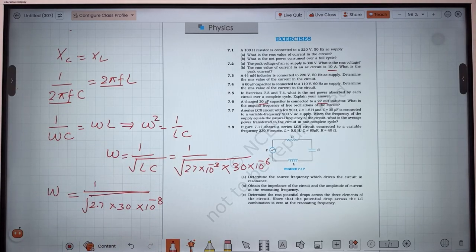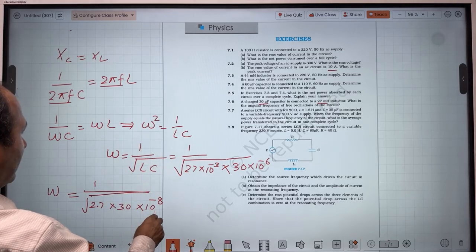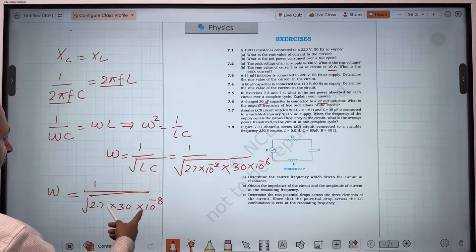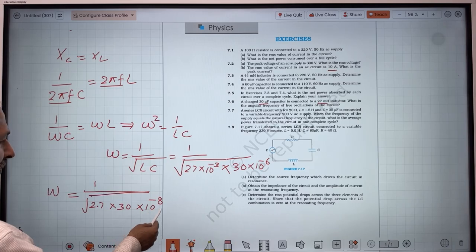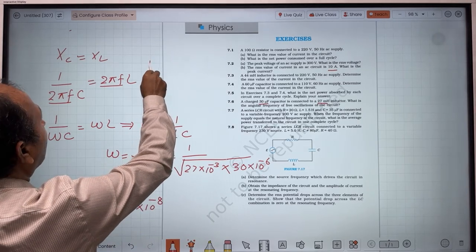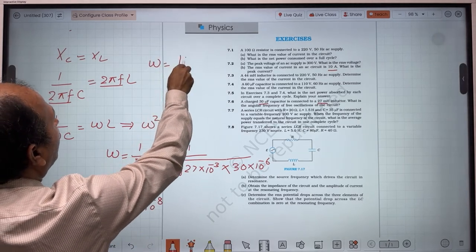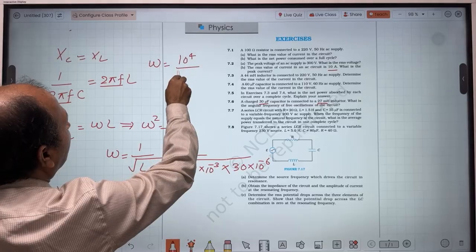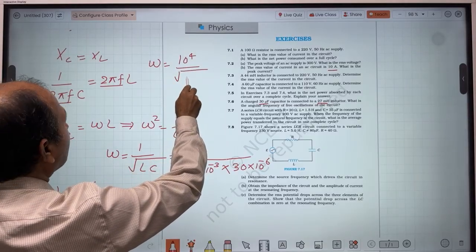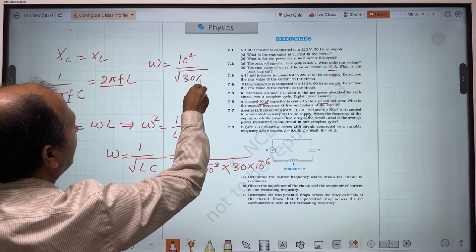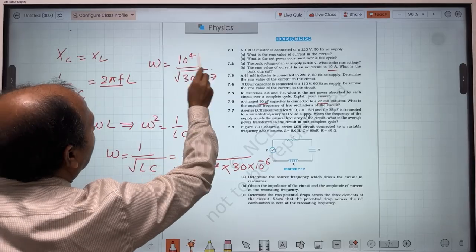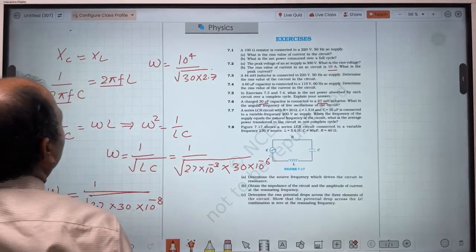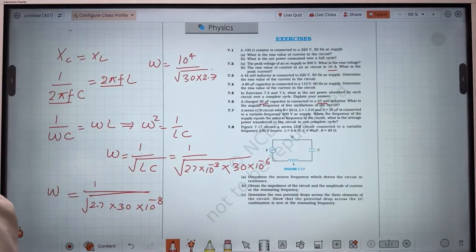Now further, taking it in the numerator with the square root, this will become 10 power 4. So here omega equal to 10 power 4 divided by root of 30 multiplied by 2.7. Now we evaluate it. Give 1 minute to evaluate it.